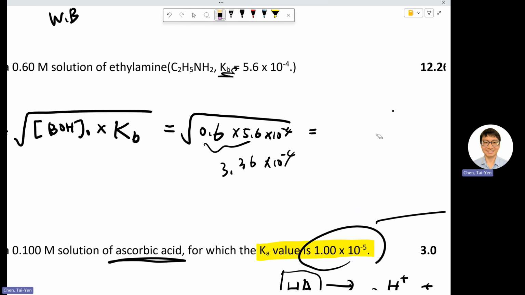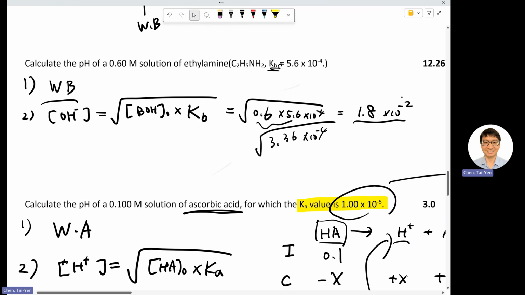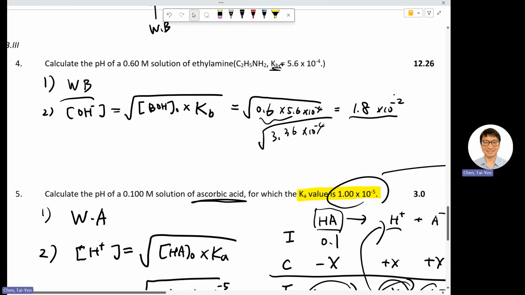So take the square root of that, 1.8 something times 10 to the negative 2. Something like this, right? Come on, this is the part that only you can do for yourself. I cannot do it for you. So you know that's your OH minus concentration.